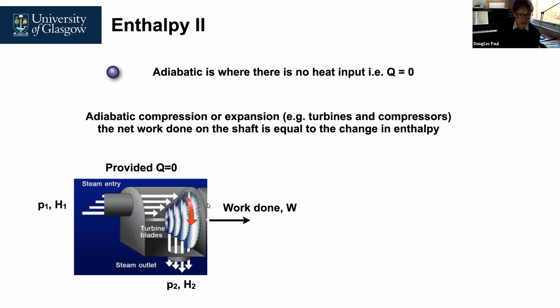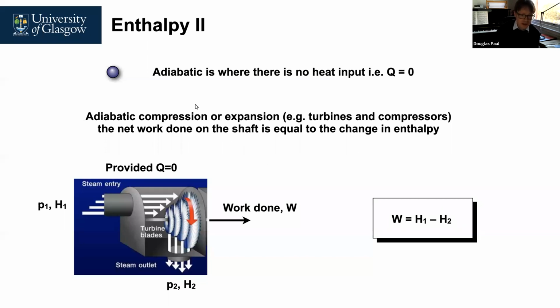So if we look at a turbine where we've got steam going in to turn the turbine and allow work done to be extracted, we've got an input pressure and an input enthalpy, an output pressure and an output enthalpy. And what we can show is that the work done that we get out of this turbine is the input enthalpy minus the output enthalpy.